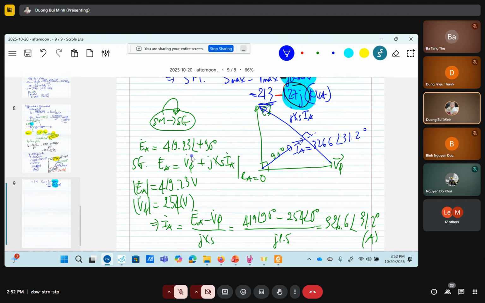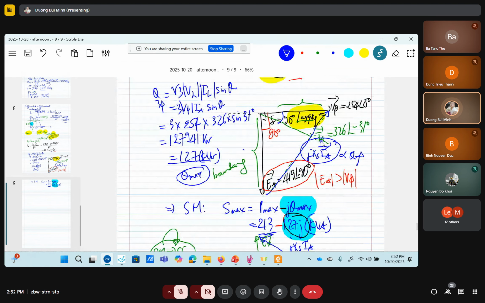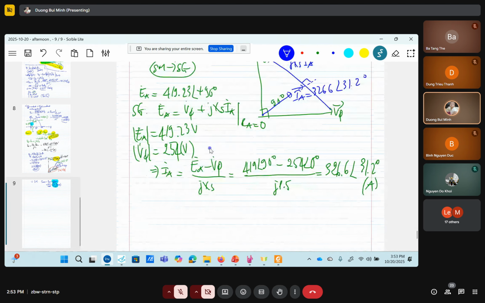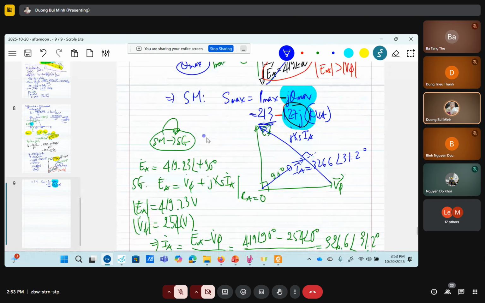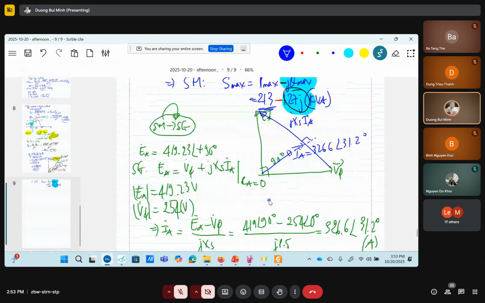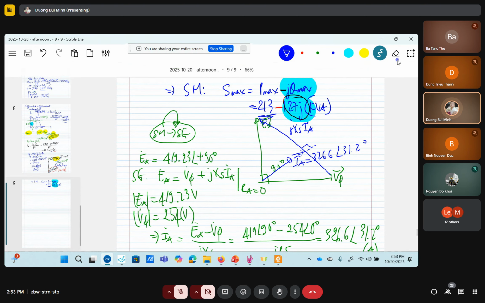So in this case, we operate the machine as a synchronous generator, and Qmax is also the same, 127 kvar.